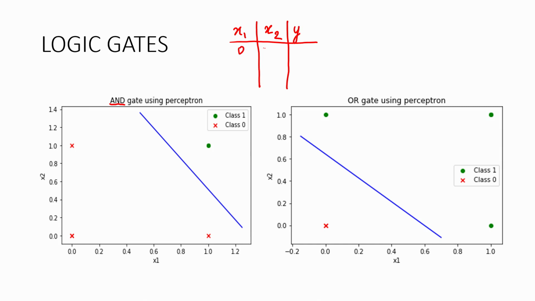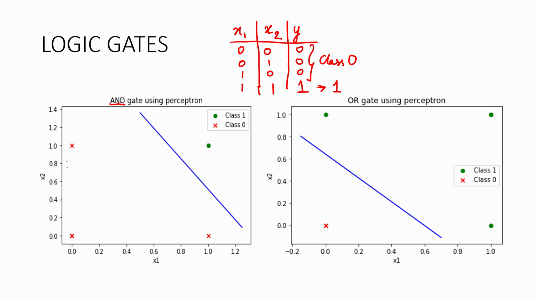For the cases of 0 0, 0 1, 1 0 and 1 1, we know that the output is 0 for the first three cases and the output is 1 only when both the inputs are 1. So, we consider all these three inputs as class 0 and this as class 1.